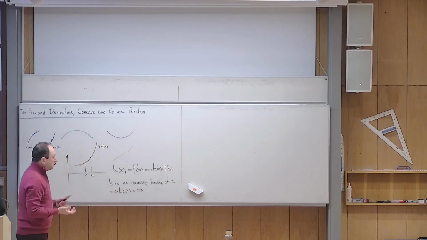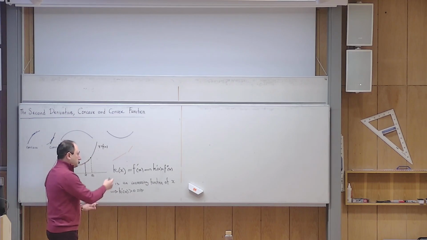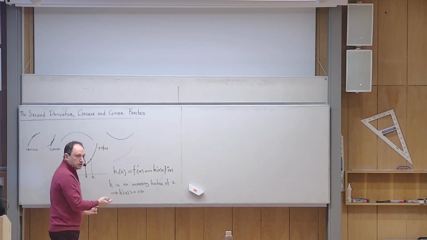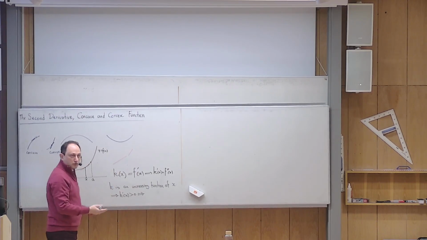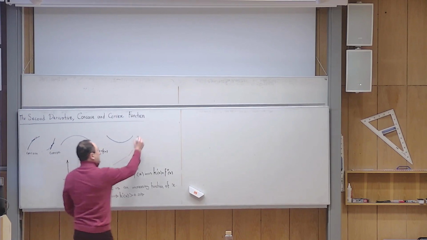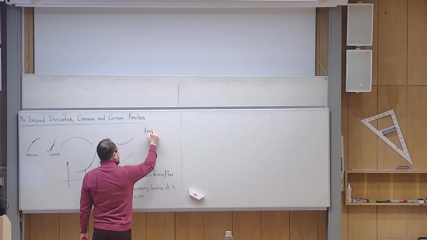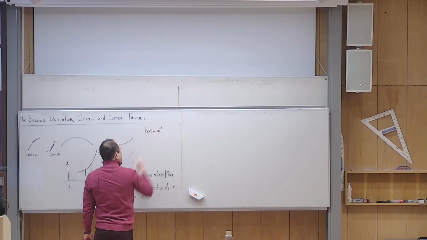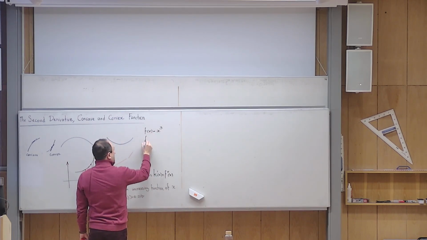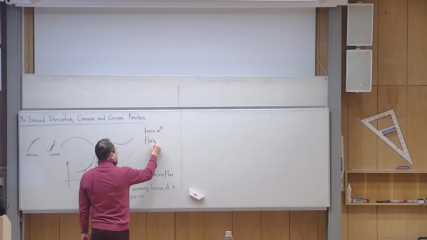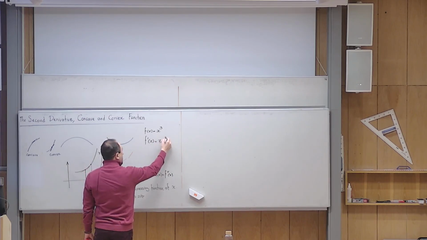What is the meaning of second derivative? It means that you differentiate once, you get a function, you differentiate it again to get a new function. For example, if I give you f of x equals x to the power of 3, if I ask you what is the first derivative, everyone knows that the answer is 3x squared.